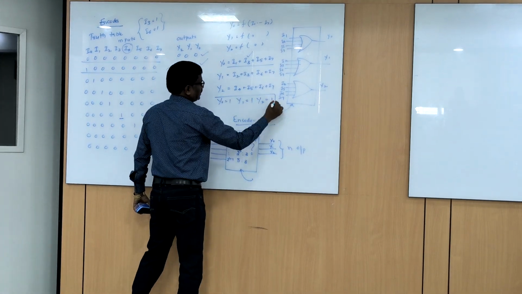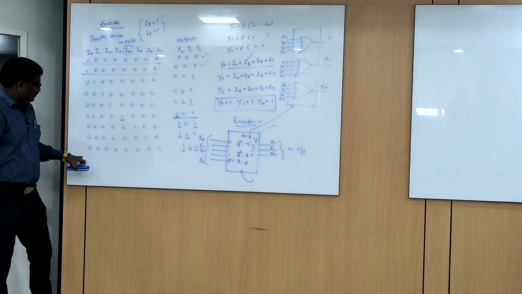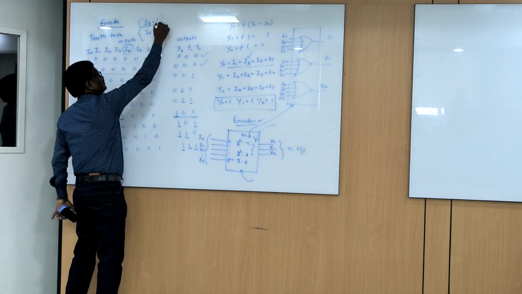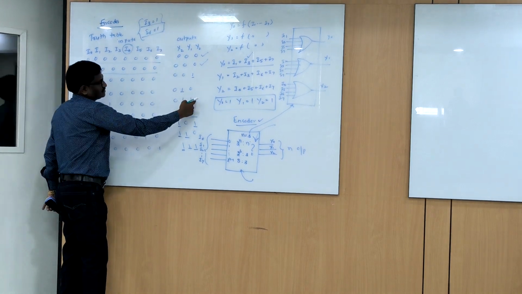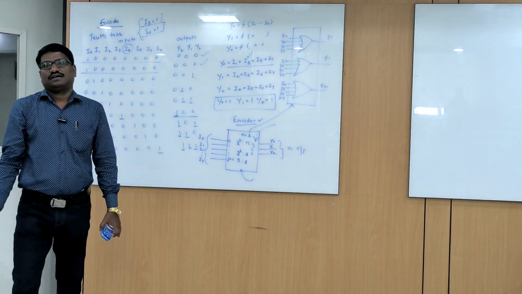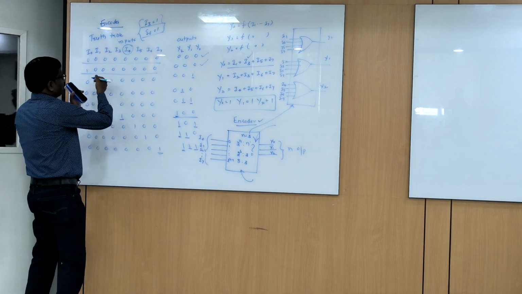What is it saying? 1 1 1 is saying I7 is 1. But actually I3 is 1, I6 is 1, and what your circuit is saying is I7 is 1. Why? There is no priority given to the inputs.